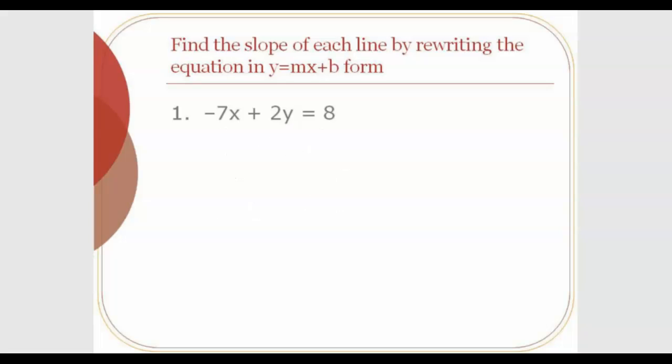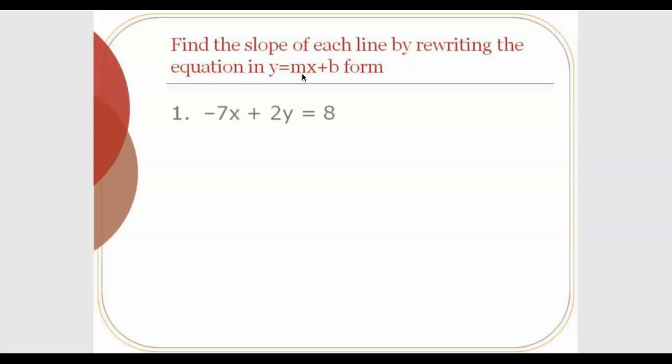All right, so our goal is to find the slope of the line by rewriting the equation in y equals mx plus b form. So again, this is a variation of standard form. So what we're going to do is solve for y.